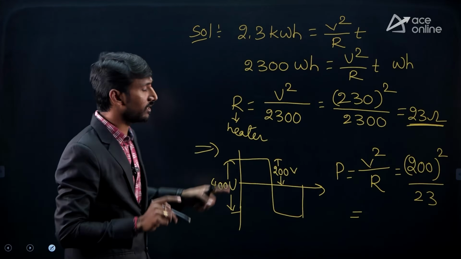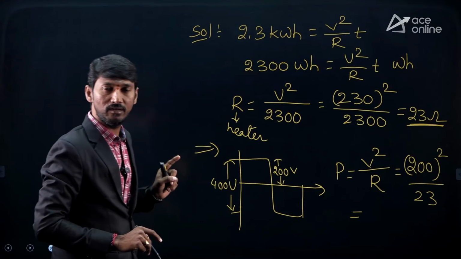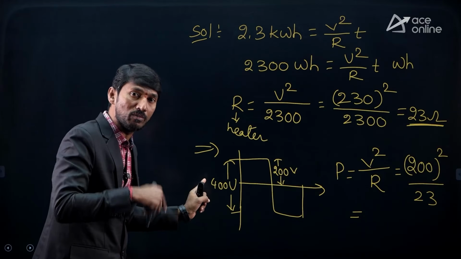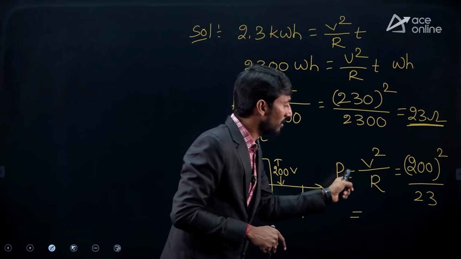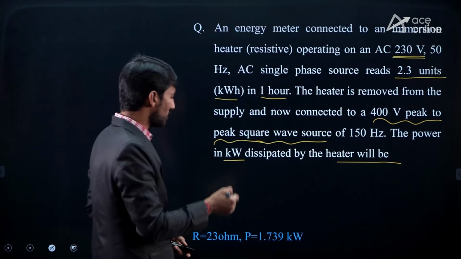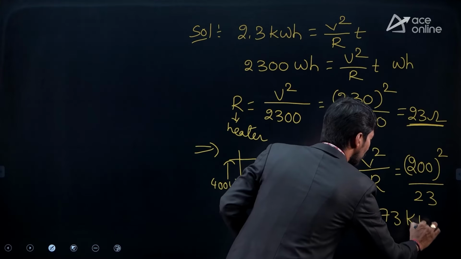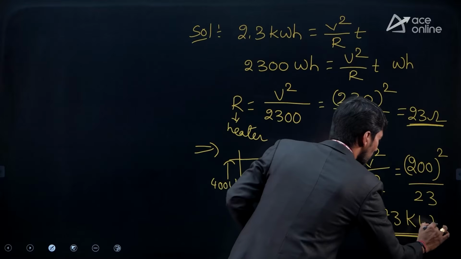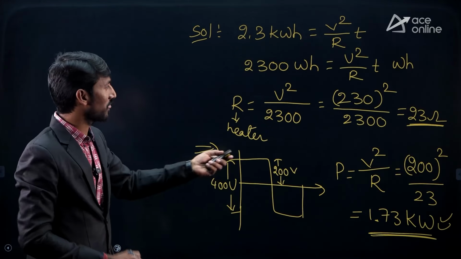That is the very important thing. From the first data, the resistance of heater must be calculated. From the second data, we need to observe that peak to peak is given. We have to observe the peak value and then correspondingly compute power consumption V square by R. If you simplify this, you are going to get 1.73 kilowatt. So the answer will be 1.73 kilowatt. Next question.